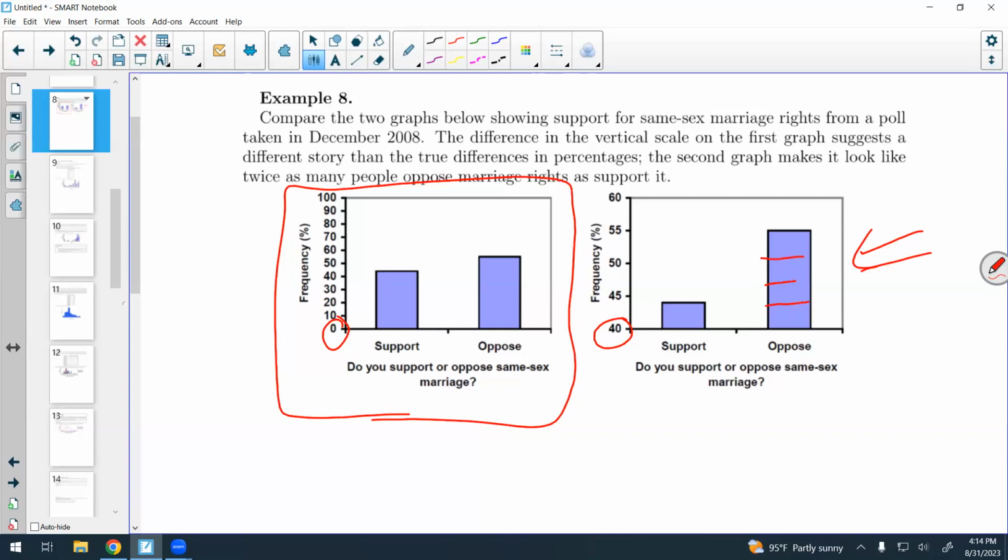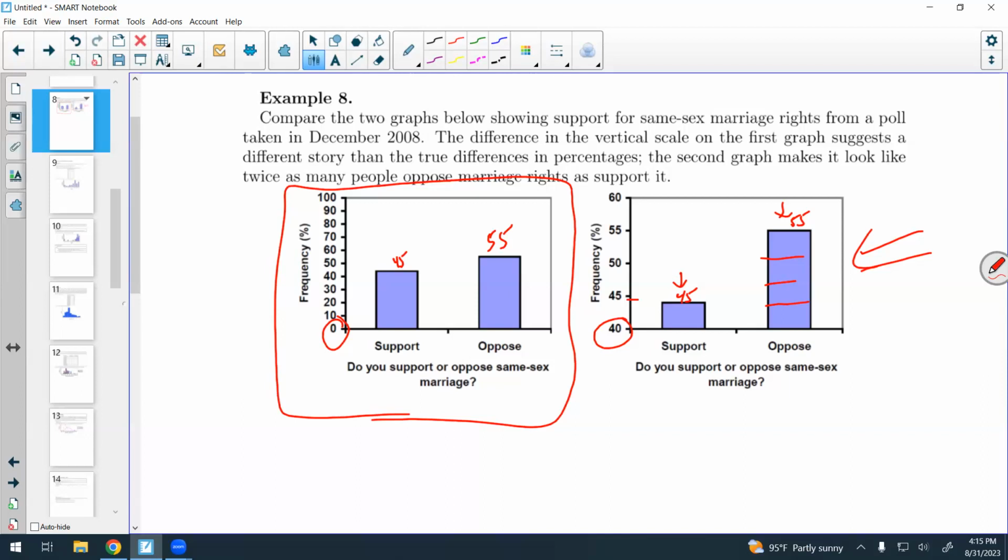One, two, three. This one looks 4 times higher than this one, right? However, this is roughly 45 and this is 55. Just like this was 45 and 55.